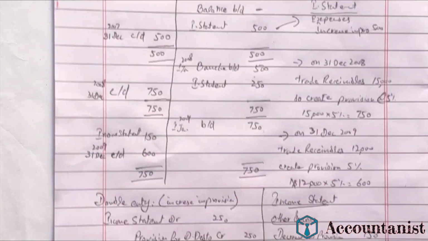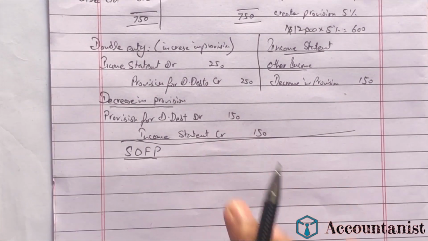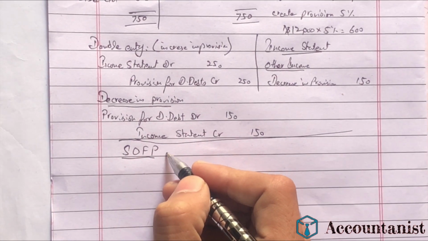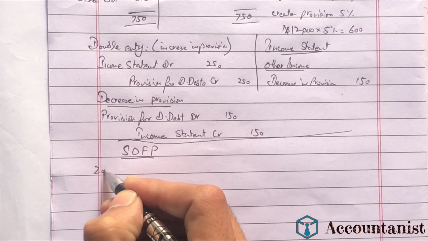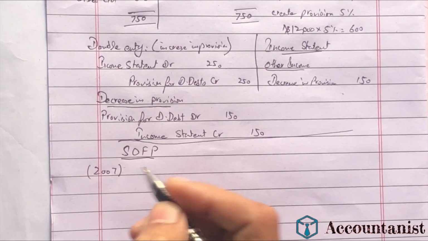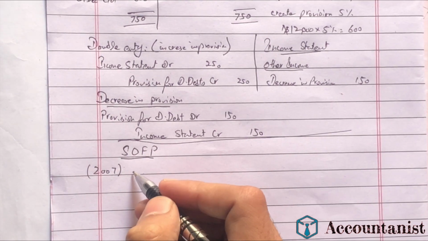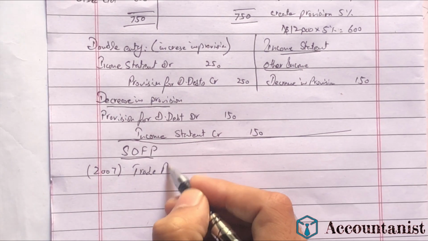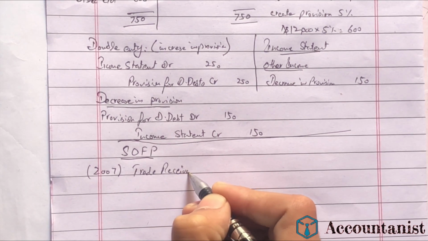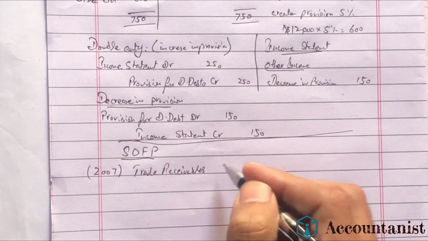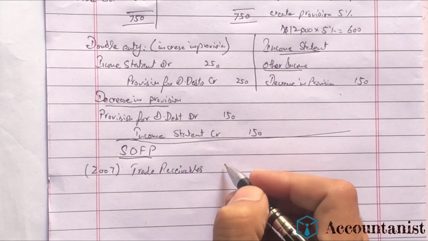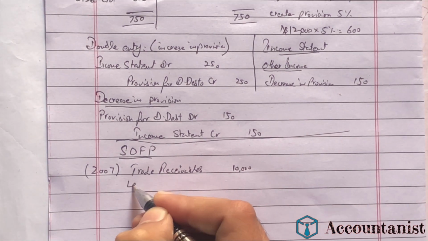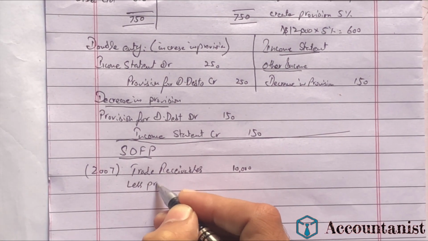So I'm going to show you how we're going to present it in the SOFP on 31st December 2007. We'll go to the current assets. In the current assets we have trade receivables, and we'll write down 10,000 here in front of this trade receivable, and we will deduct the provision.